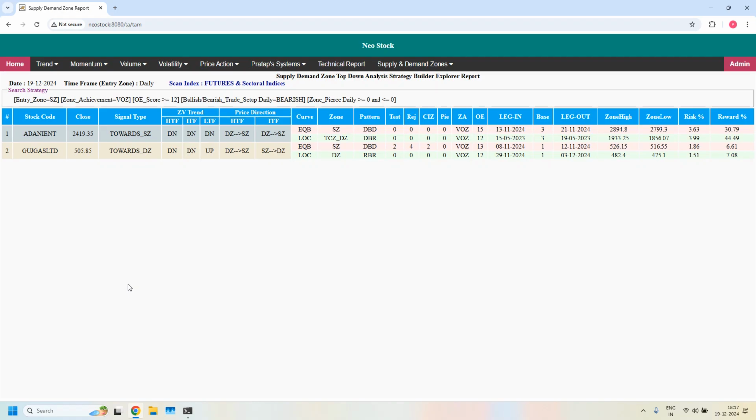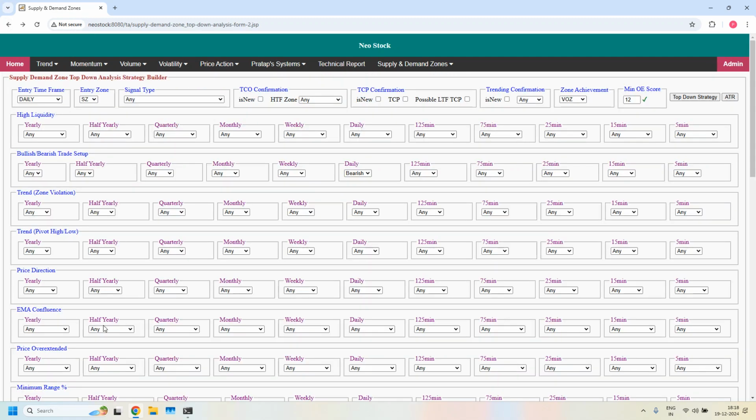Currently, 2 stocks are supporting bearish trade setup for monthly income trade. These 2 are daily supply zones, because entry time frame is daily, that is LTF time frame. Out of these 2, how many are having ITF confluence? Let's verify.